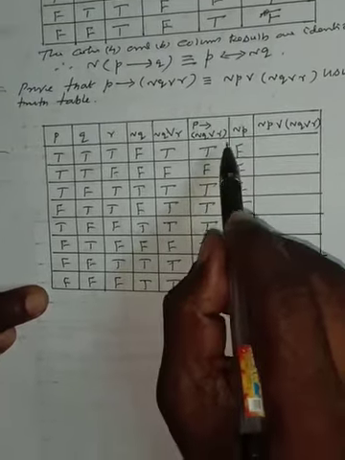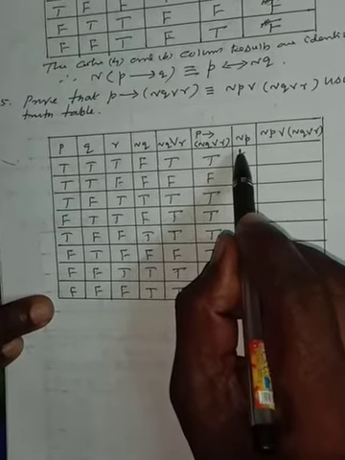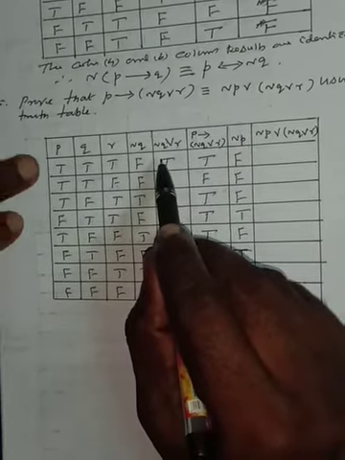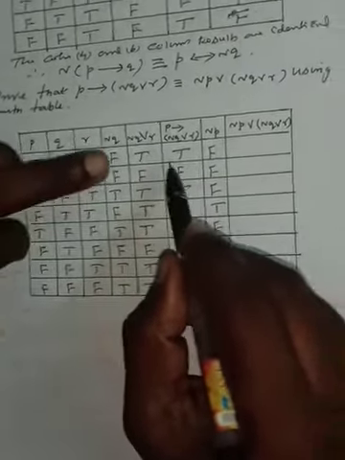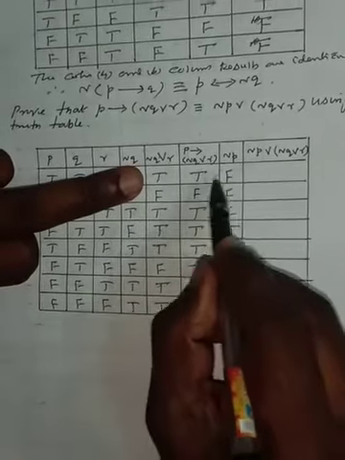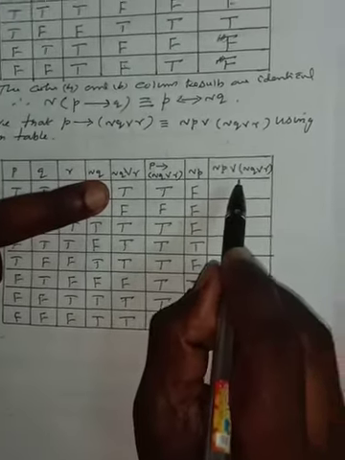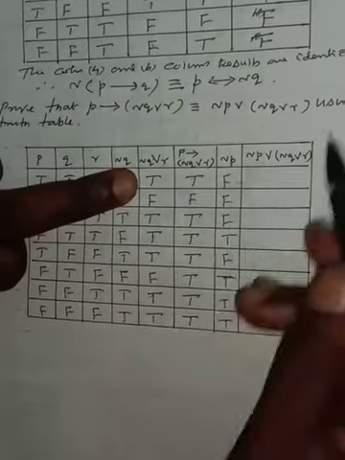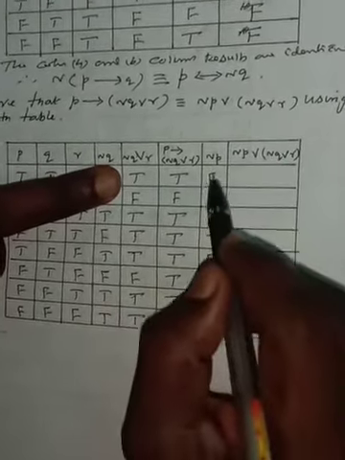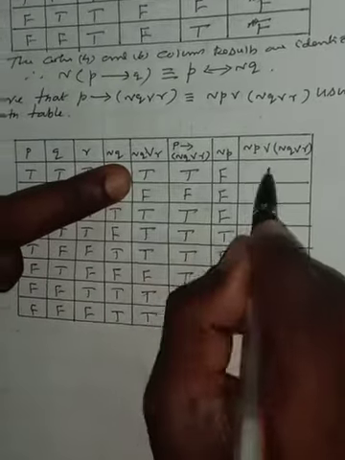Now last and fifth column. R symbol is using. We get negation of P, negation of Q or R. So take this and this. So fifth column and seventh column. R symbol is using.